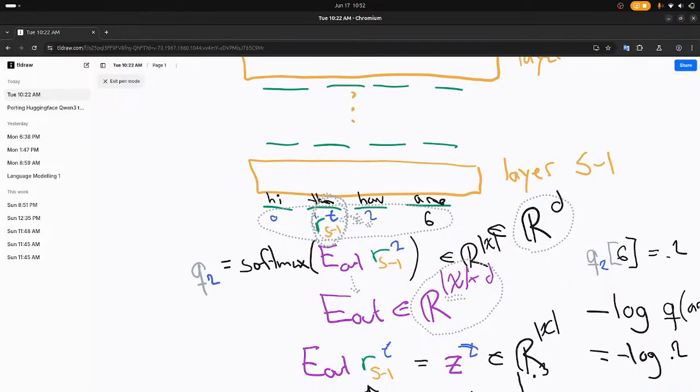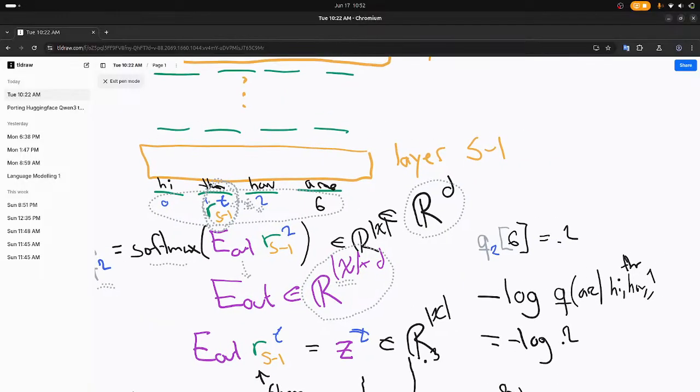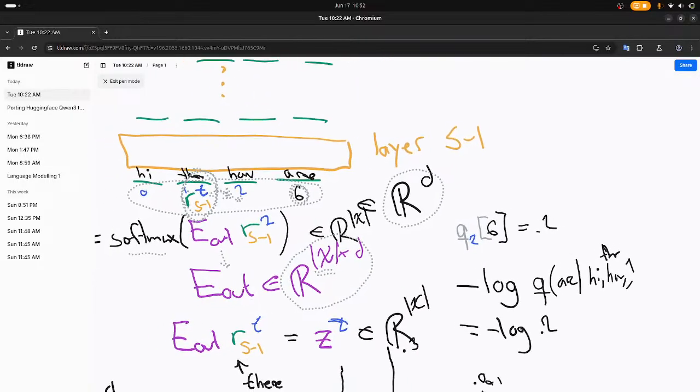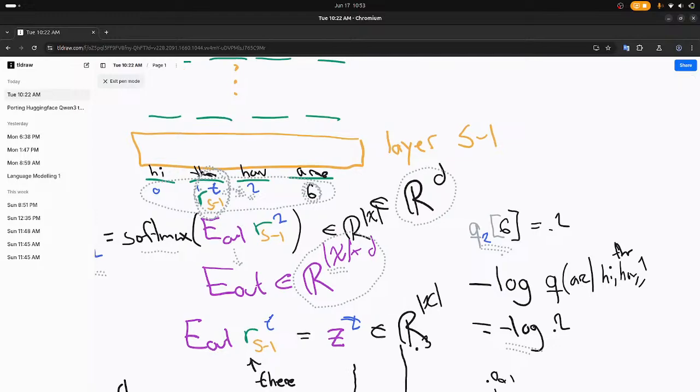And we apply the softmax function to make sure that it sums to 1 and is non-negative. And we have now a vector that is equivalent to a probability distribution. And we can look at how surprised we get when we then observe the next word. If the next word is word number 6, then we look at the 6th entry in our associated probability distribution, and we take the minus log of that, and this is our surprise.